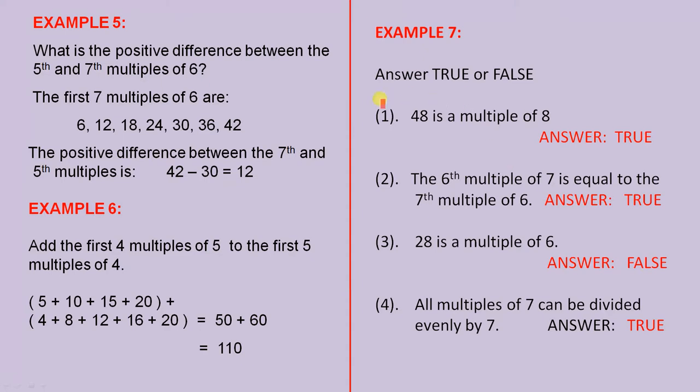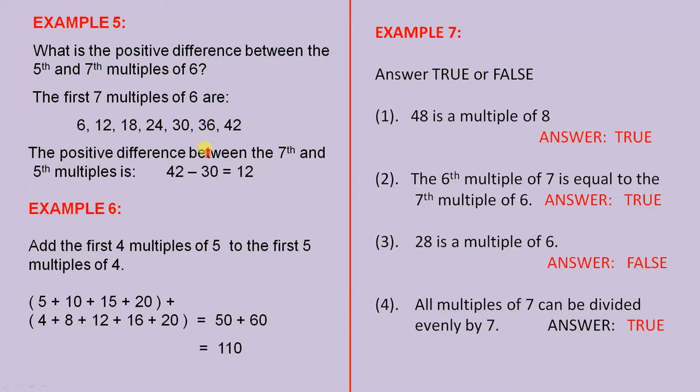Example 5. What is the positive difference between the 5th and 7th multiples of 6? Now the first 7 multiples of 6 are, there it is there, they are the first 7 multiples of 6, basically the 6 times tables.